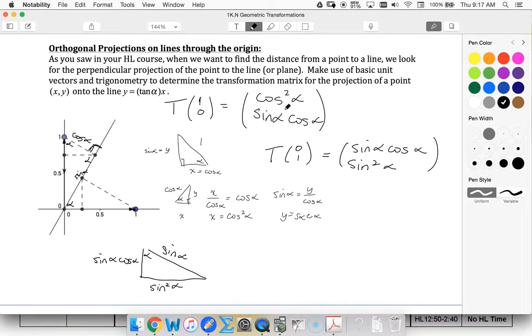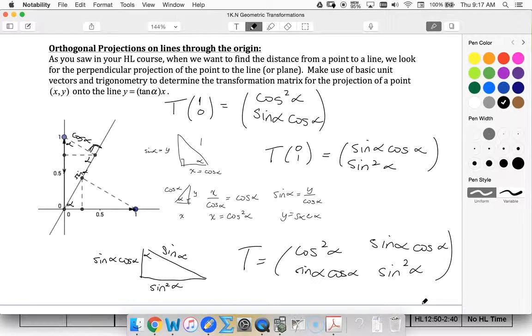So putting these two together, I have my total transformation matrix, cos squared alpha, sine alpha cos alpha, sine alpha cos alpha, and sine squared alpha. Okay, so there's my projecting in 2D onto a line y equals tan alpha x.